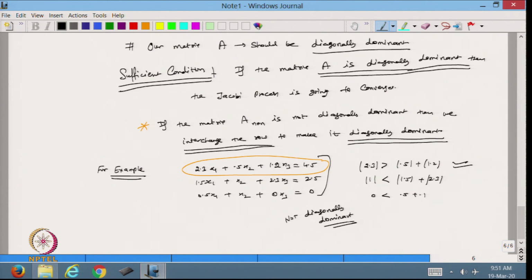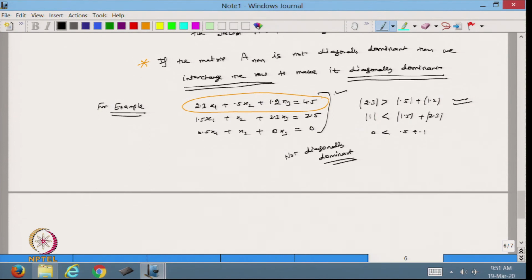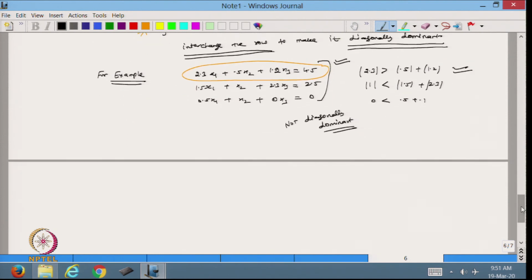So in this case, I cannot apply the Jacobi method. If I take this matrix and apply the Gauss-Jacobi method, the method will not converge. So what I do is interchange the rows.